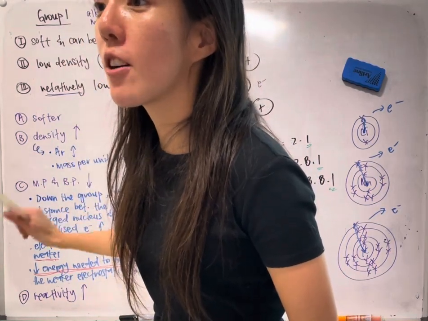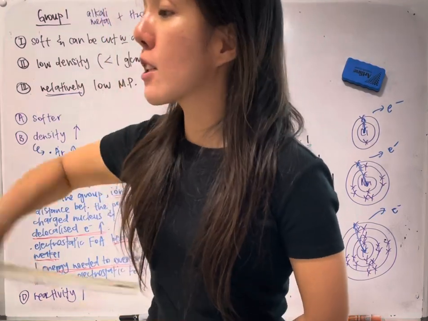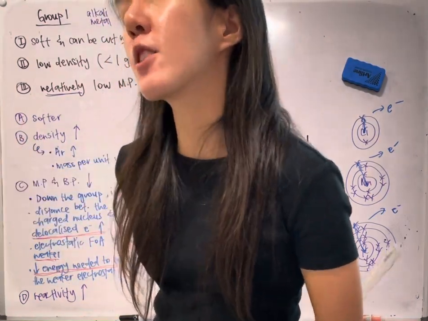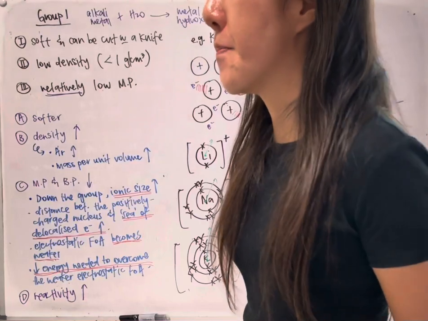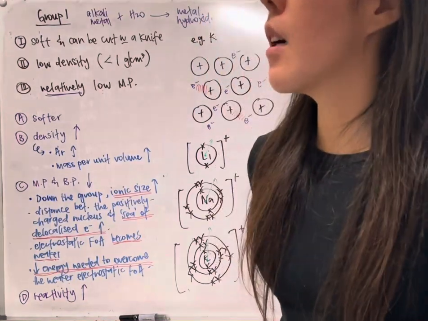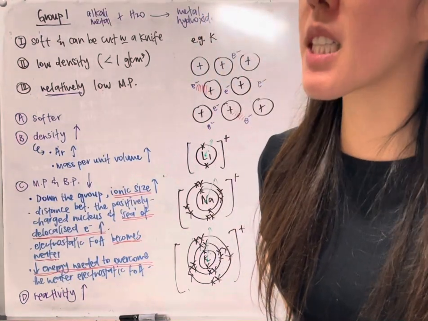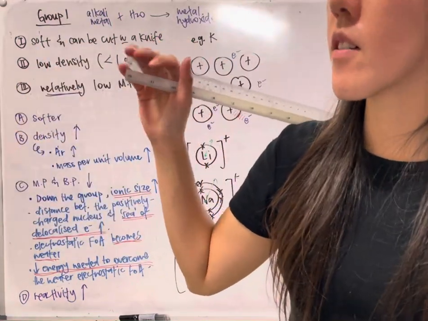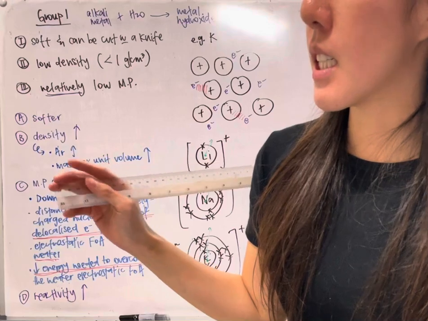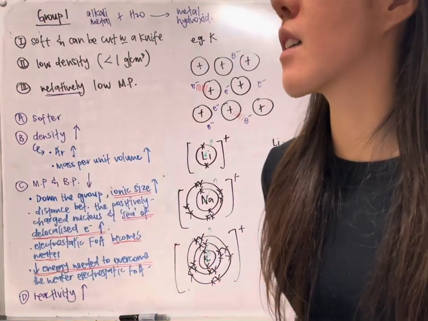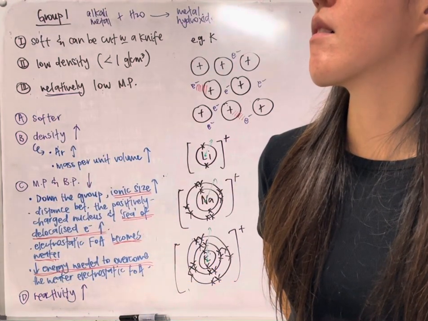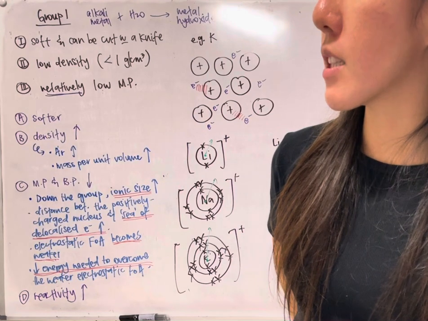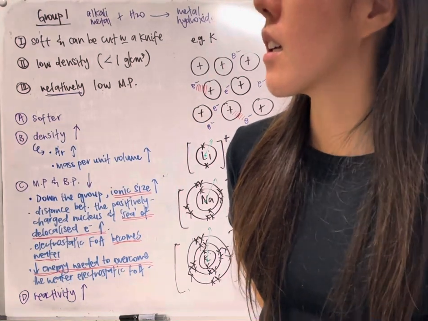Melting, not boiling. Okay, next one. Can you tell me the first trend for group 1 metals? Melting and boiling point decrease. Explain. First, ionic size increases, then the distance between the delocalized electrons and the positively charged nucleus increases.